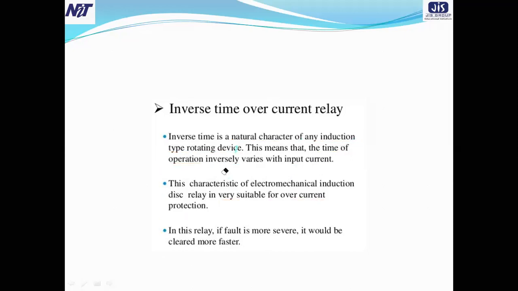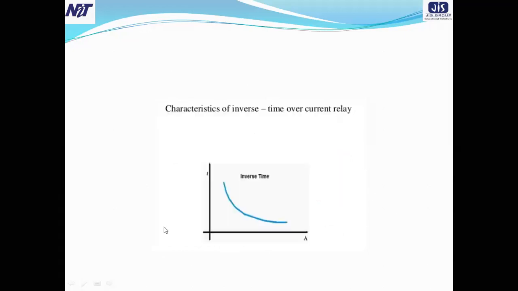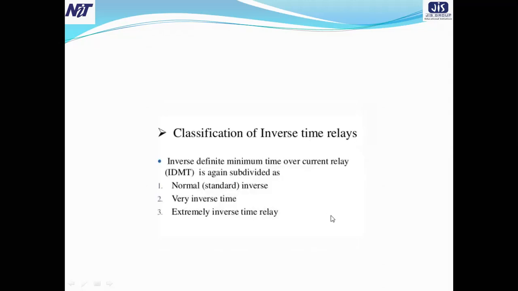Now, this is the characteristic of the inverse time overcurrent relay. Here, this is the time and current. So look at the characteristic, how it is operating. The next one is the classification of inverse time relay. The inverse definite minimum time overcurrent relay, IDMT, is subdivided into three different groups.